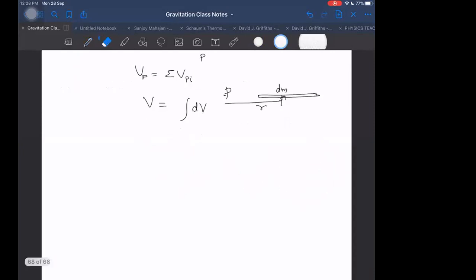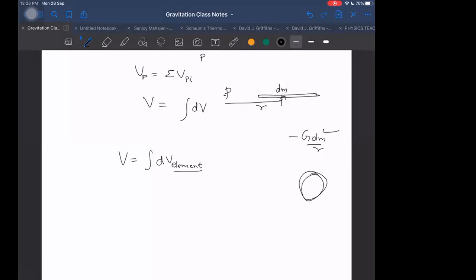Then I will write V is equal to the integration of dV due to the small elemental ring, whatever element we have chosen. That element may not always be a point mass. If it is not a point mass, then the formula will not always be minus G dm by r. This is valid only if our chosen element is like a point mass. But if our chosen element is not a point mass itself, but some ring or other thing, then the formula will change.